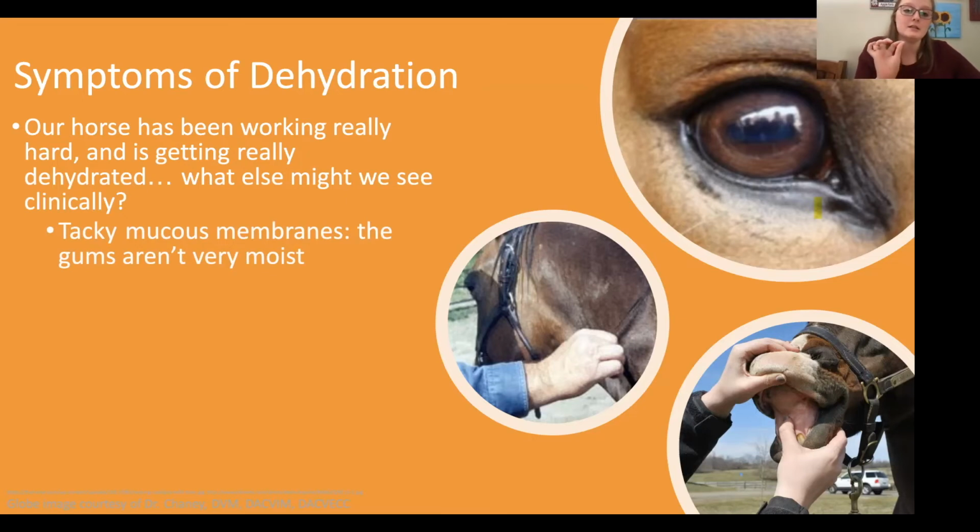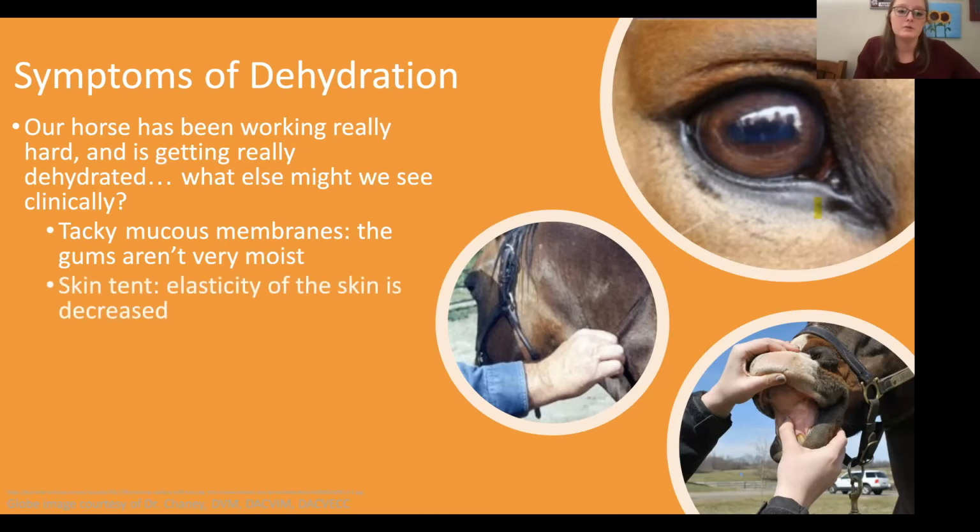Veterinarians actually use that as a clue. We refer to your gums as mucous membranes. When you're dehydrated, your mouth gets really dry, so we're checking for that. We say things are not moist and they're tacky, because the gums and the mouth just seem really dry.